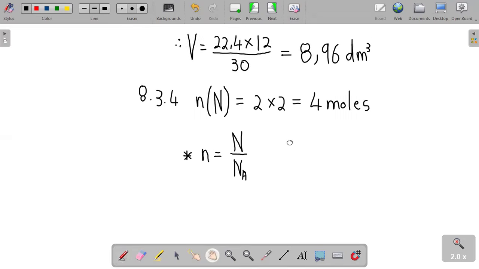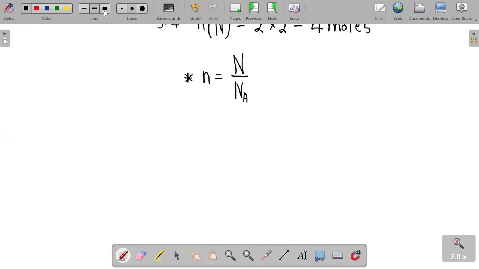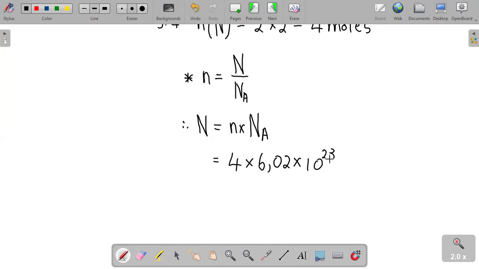And then so we can change the subject here. We can change the subject, and then we have N, the number of particles, would be equal to n multiplied by Na, which then is going to be 4 multiplied by the Avogadro constant, which is 6.02 multiplied by 10 to the power 23.